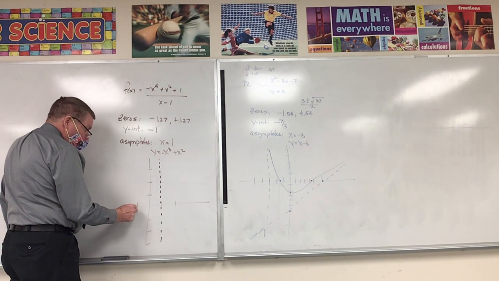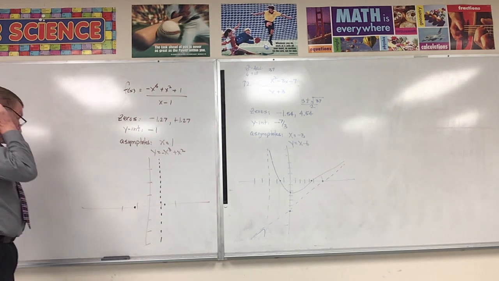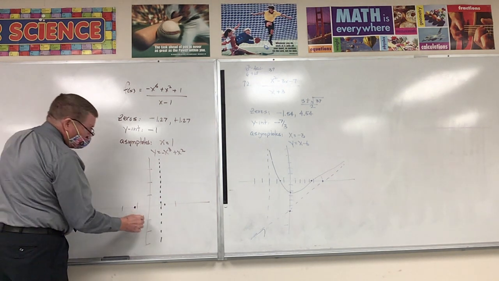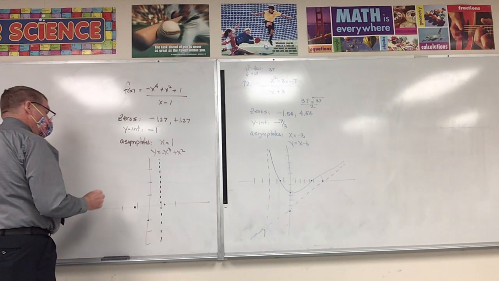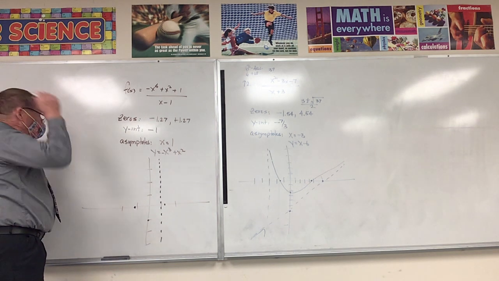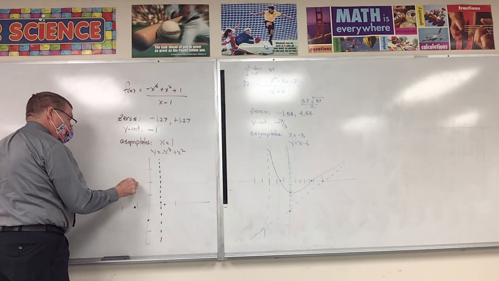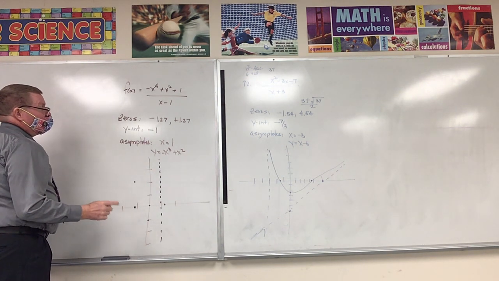Negative 1.27 up there, 1.27 up there, and it might intercept at negative 1. Put a 2 in there, so negative 8 plus 4.